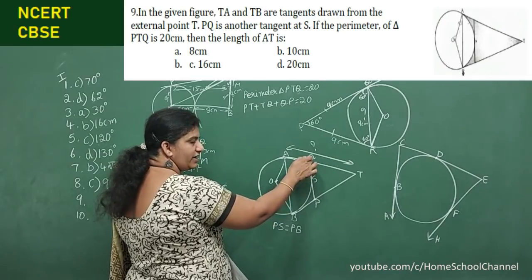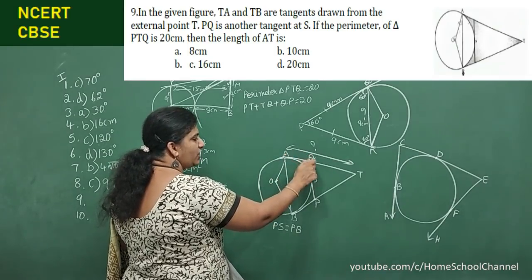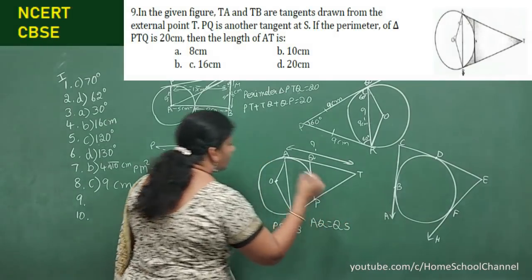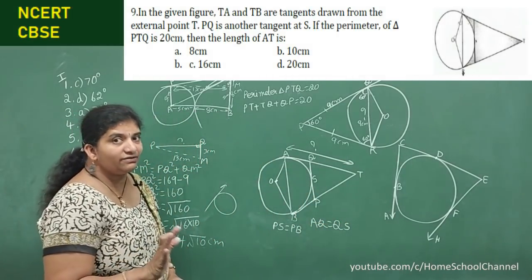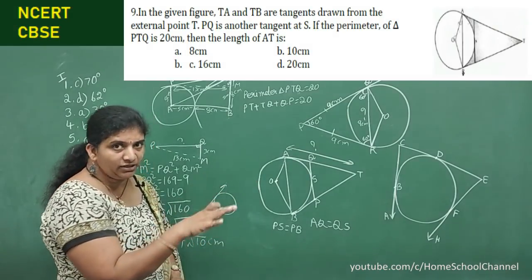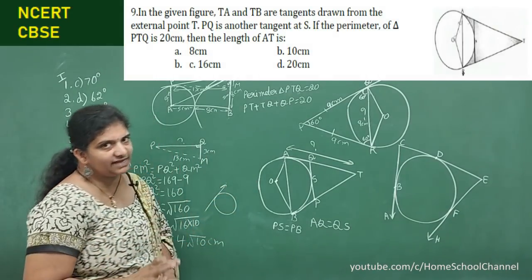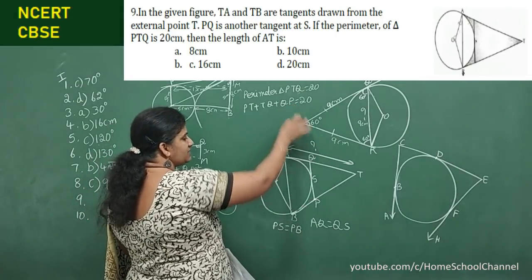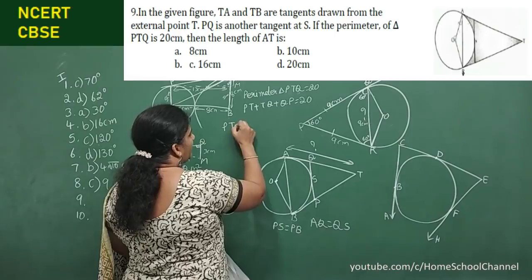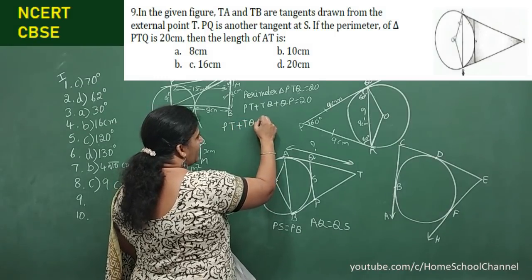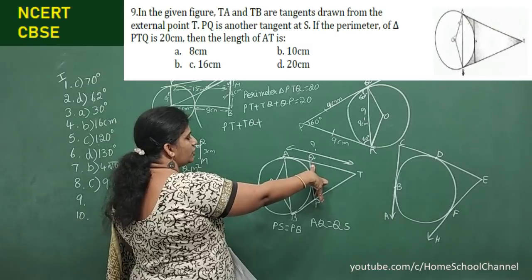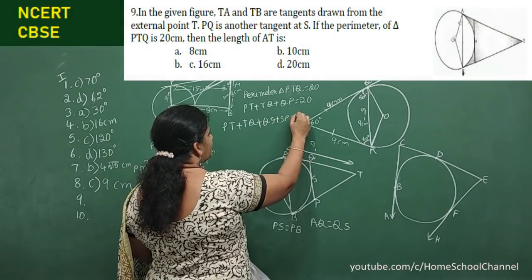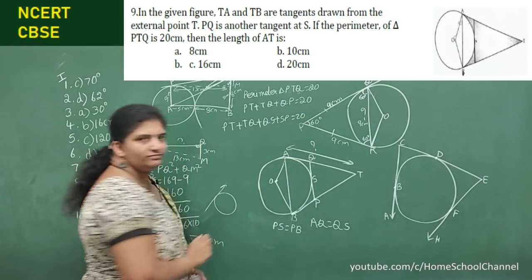And if I consider Q as an external point, AQ is equal to QS. Don't be confused. They have given the perimeter of a triangle. We need to find a side. Let us see. This PQ, I may split it as PT plus TQ plus, see here, this QP, I split it as QS plus SP is equal to 20.